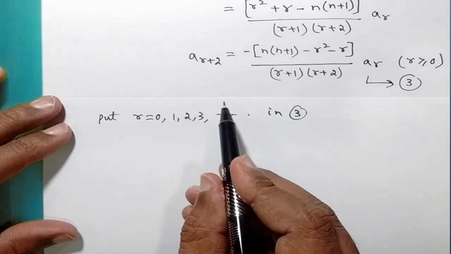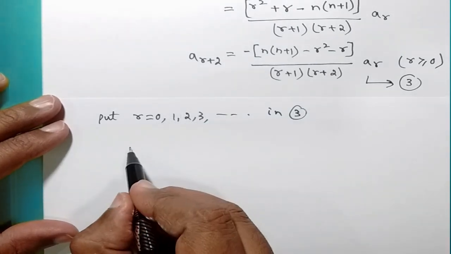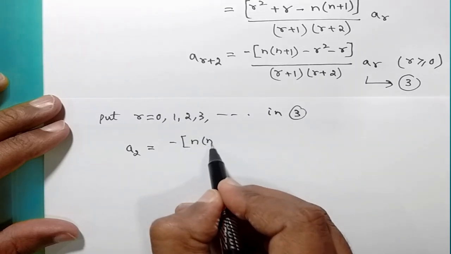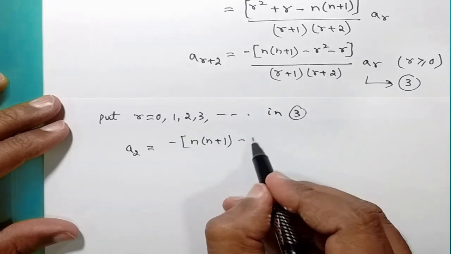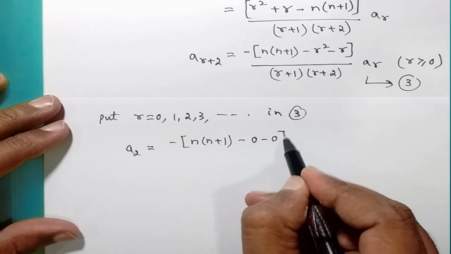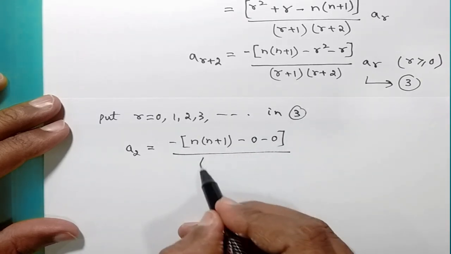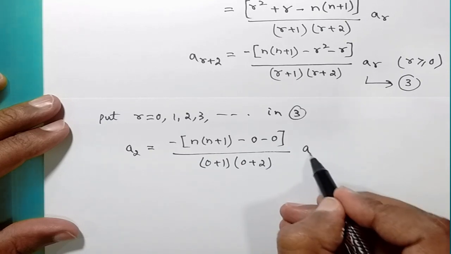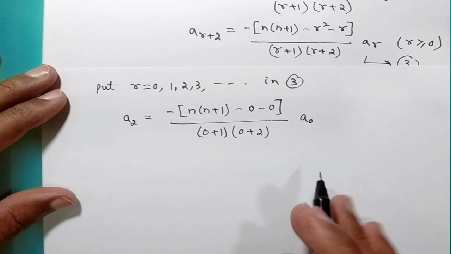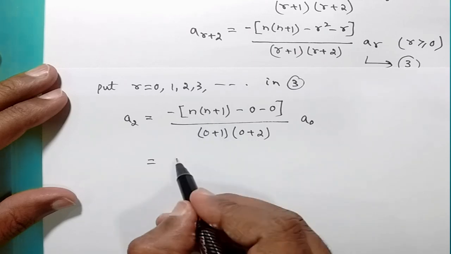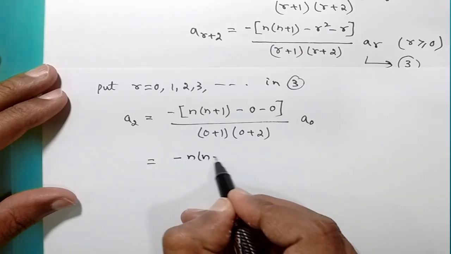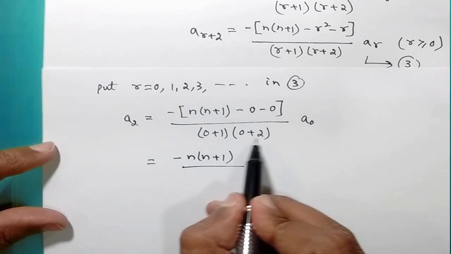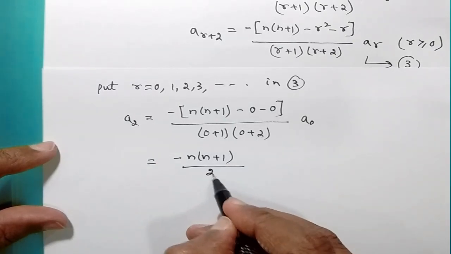If I put r as 0, we'll be getting a2 is equal to minus n into (n plus 1) minus 0 square minus 0, whole divided by the denominator, (0 plus 1) into (0 plus 2), into a0. That's the expression we'll be getting. So you will be getting minus n into (n plus 1) divided by the denominator, this is 1 and this is 2, so 1 into 2 will be 2.